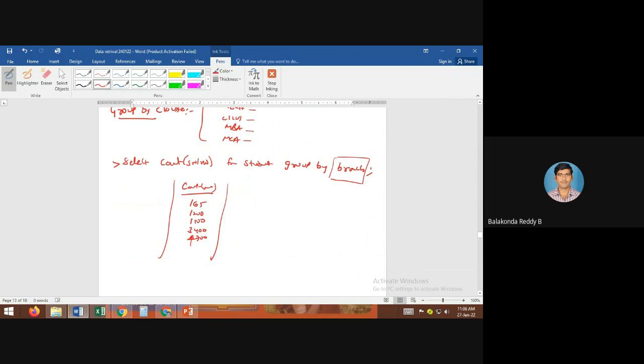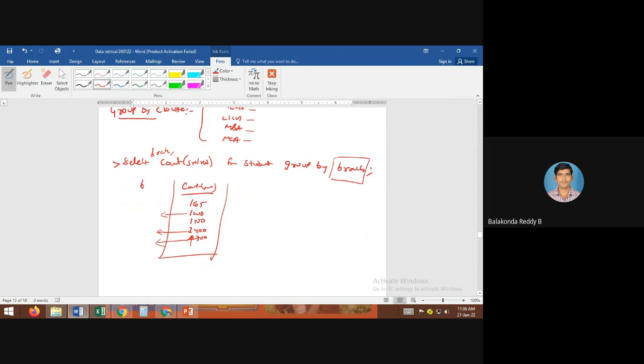Suppose I don't know this 1200 belongs to which department, which branch, this 3400 to which branch, this 4700 which branch. That's why I am mentioning branch here. Select branch, count of roll number from student group by branch.